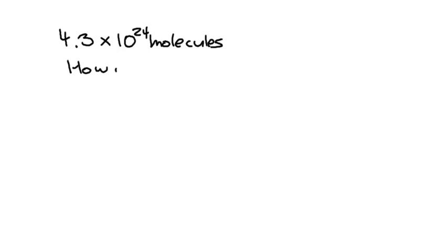Okay, well, now let's see if we were given the number of molecules of something, if we could figure out how many moles we had. So let's say that I was told that I had 4.3 times 10 to the 24th molecules, and I want to know how many moles.